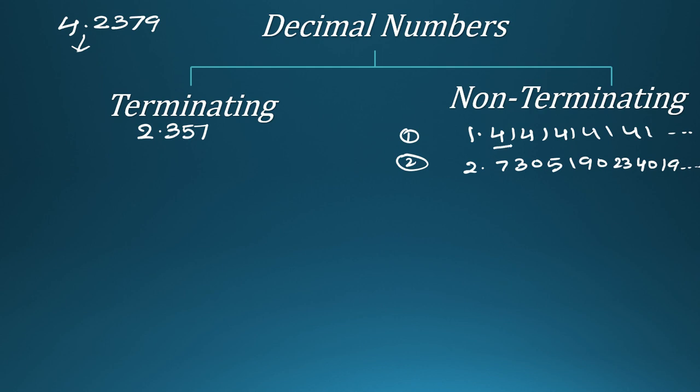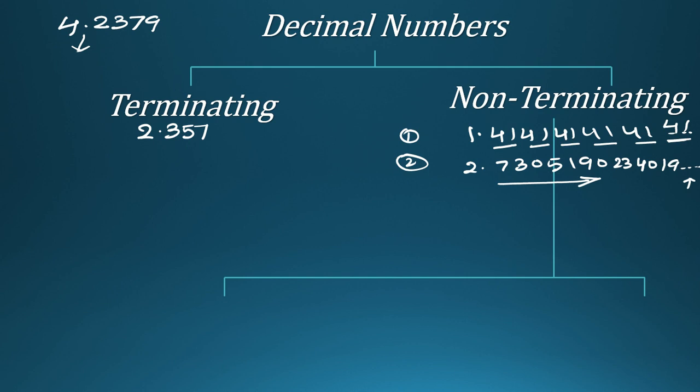But you see, there is a pattern. Only these two digits are repeating. And here we are not finding any pattern. All numbers are in a different pattern. We cannot say that the next number will be this. But here we can say the next number will be 41 again because it is a pattern. So non-terminating numbers can be divided into two categories.